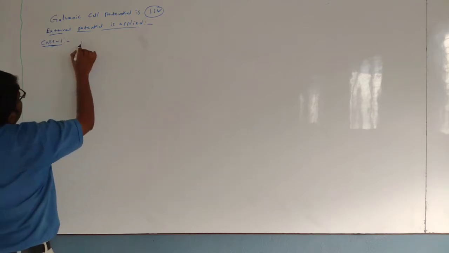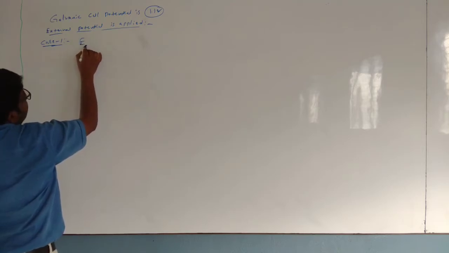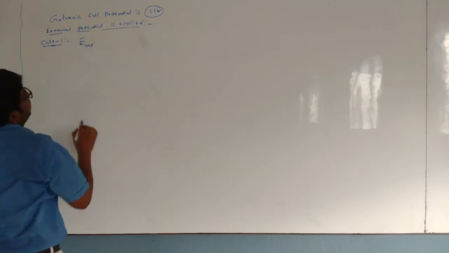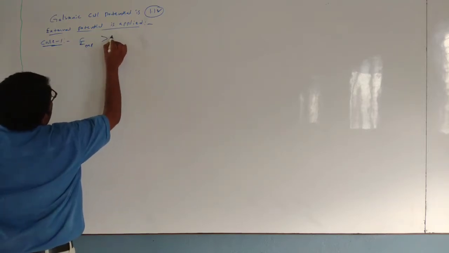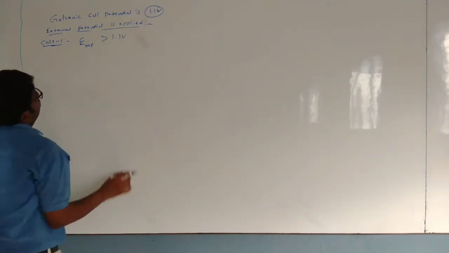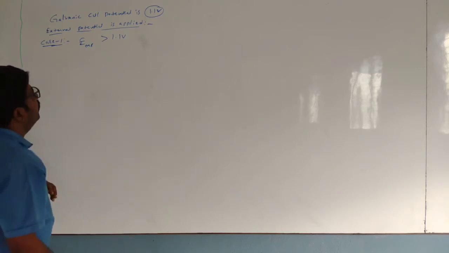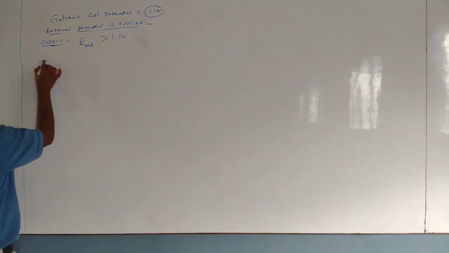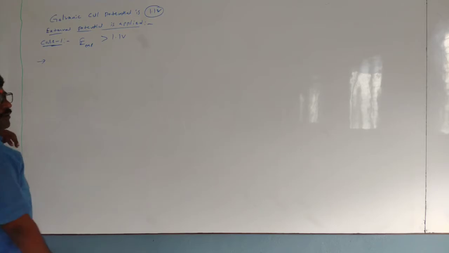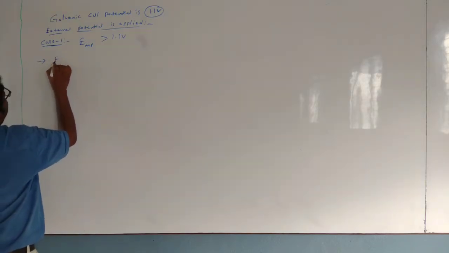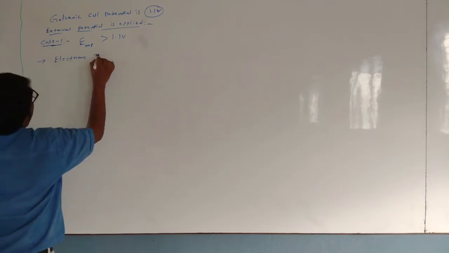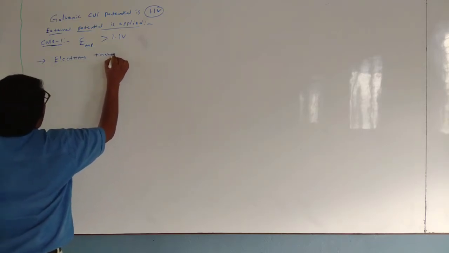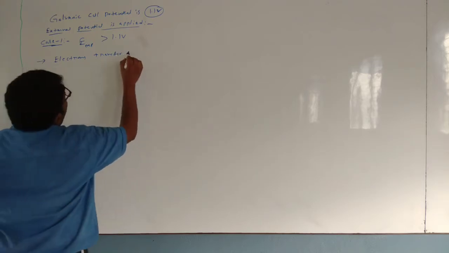Case 1. If the external potential energy is greater than 1.1 volt, then the electrons are transferred from cathode to anode.